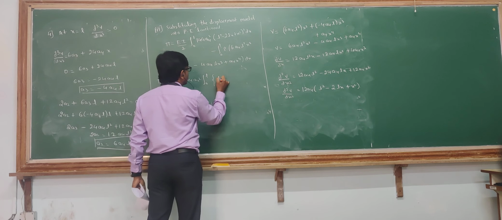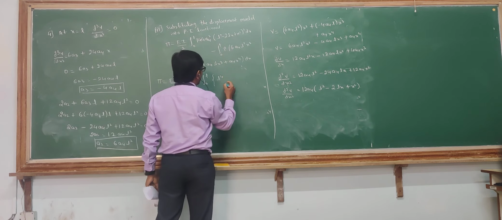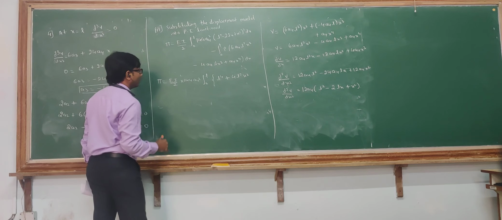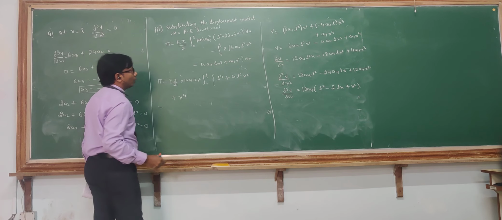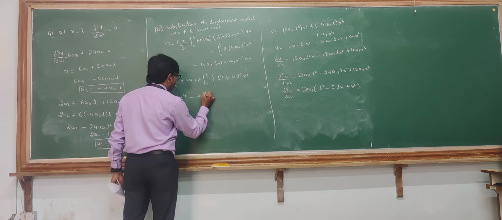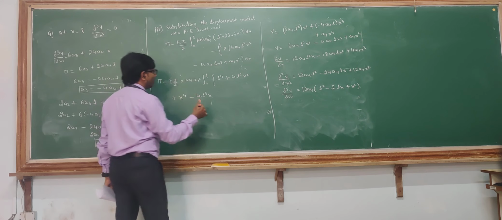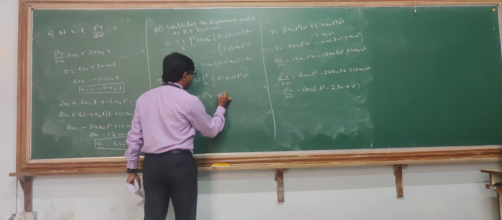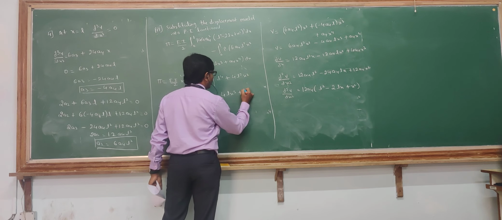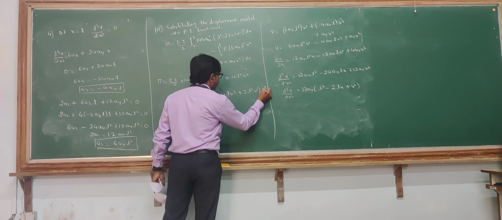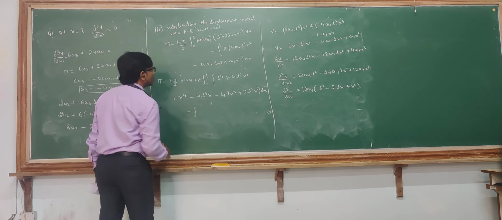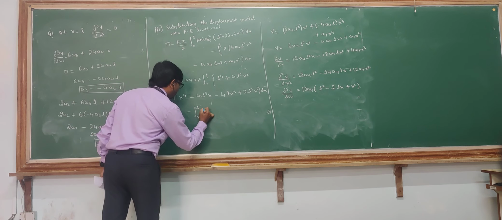So it becomes L raised to 4 plus 4L square x square plus x raised to 4 minus 2, 2 fours are 4L cube x, next minus 4Lx cube, plus 2L square x square, with respect to dx.